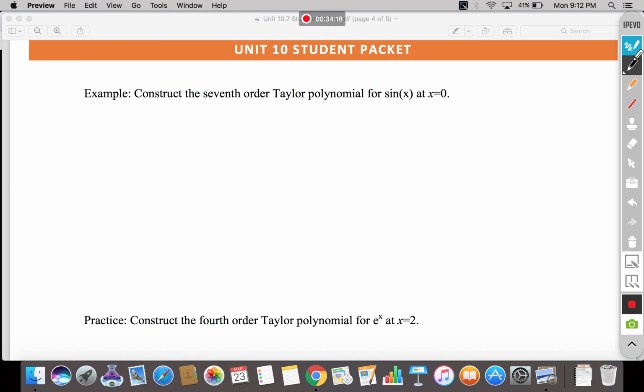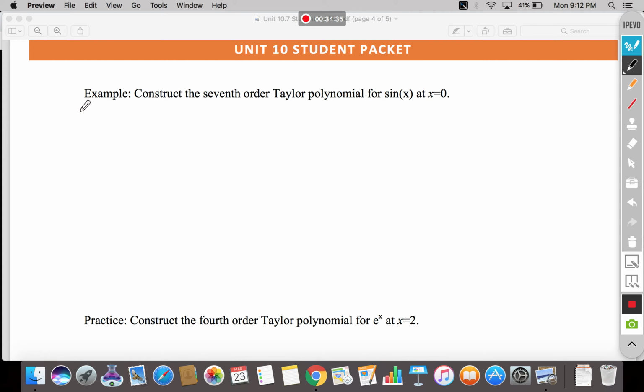Now, writing these out with a lot of orders by hand is a bit of a pain, but there are some ways to organize it. Okay, we want it for sine of x. In my Taylor series formula that I want to keep in mind, I'm really shooting for something in the end.